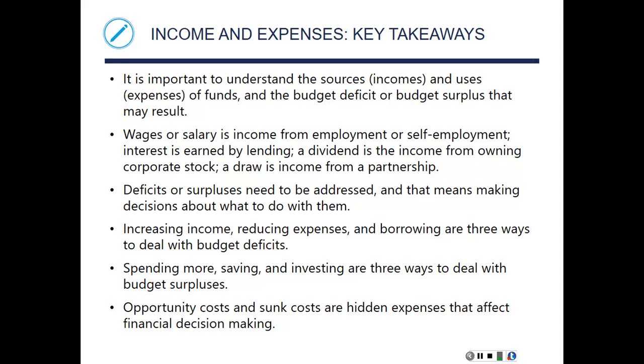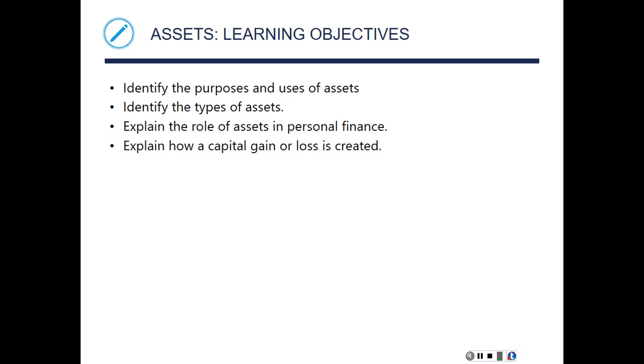All of a sudden, a spouse loses a job, or you have some unexpected medical costs, and you've got the savings to be able to cover that. And be careful of opportunity costs and sunk costs and what effect they can have on your future decisions.